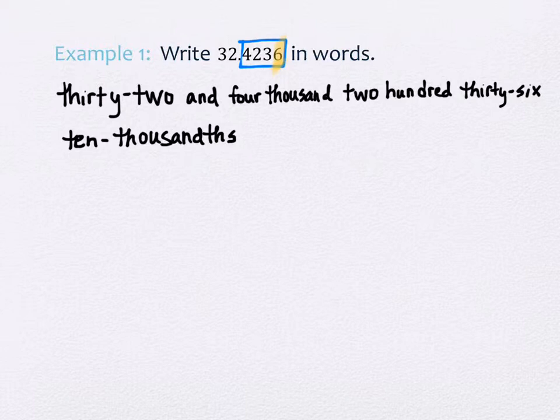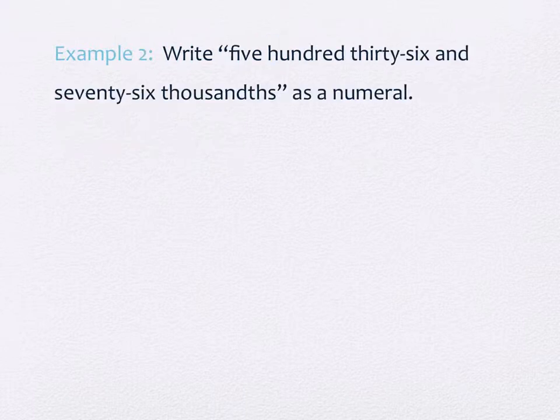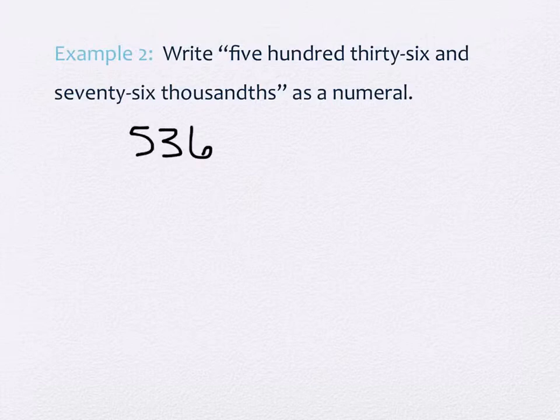Is that okay? Okay, we're going to go the other direction next. We have the phrase 536 and 76 thousandths, and we're going to write down the numeral. How will this look? Tell me the numbers I write down, not with any other language, just the actual numbers. 536, and then a decimal point, then 076. Good.